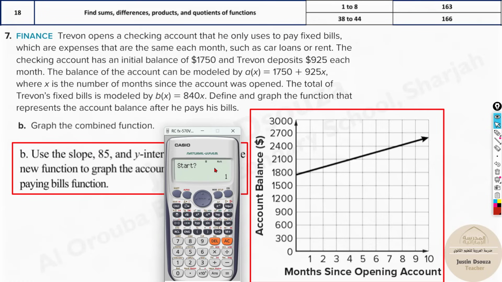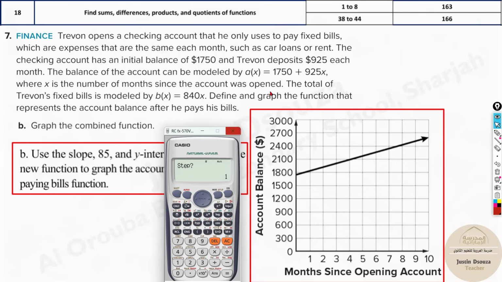And now where do you want to start? The start and stop are basically the x values. Now see, it's about months. I will have to start at 0 or 1. I'll start at 0. And let me end it at, say, I don't want all the months, just a graph of like 5 to 10 months is enough. I'll take about 8. And what is the step?